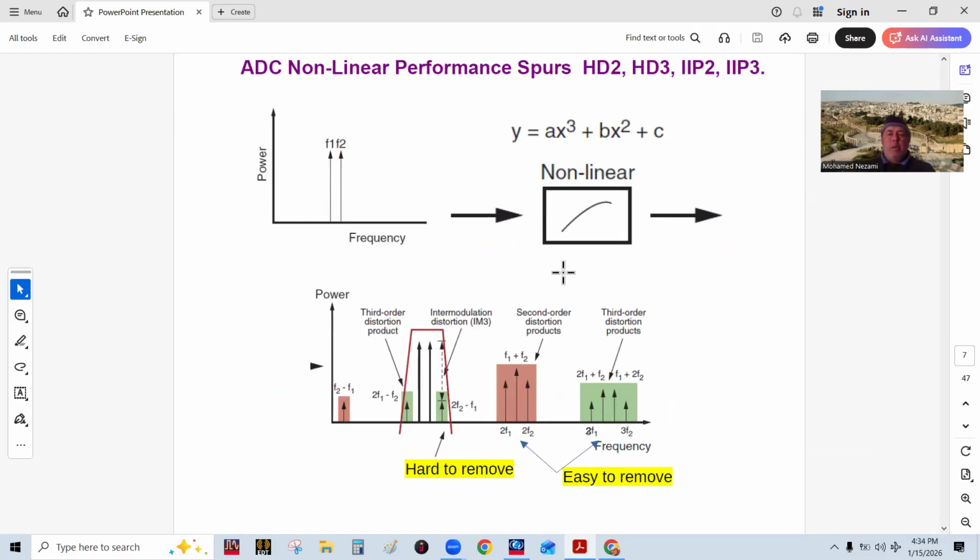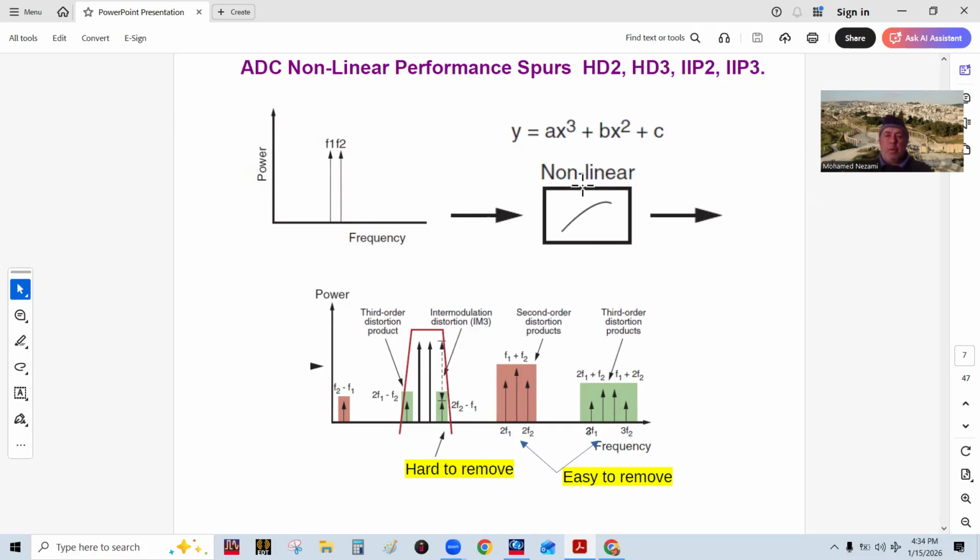So the A to D itself, or even the whole front end of the receiver, we model it as a nonlinear function made of these terms in here. So we've got A x cubed plus B x squared plus C.